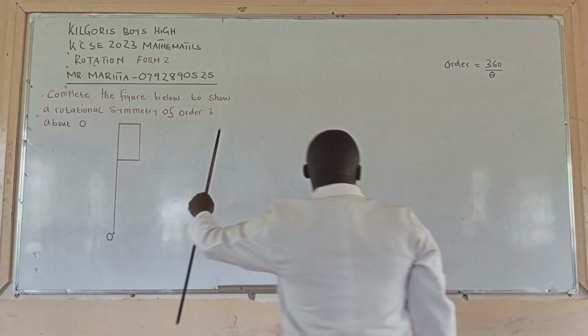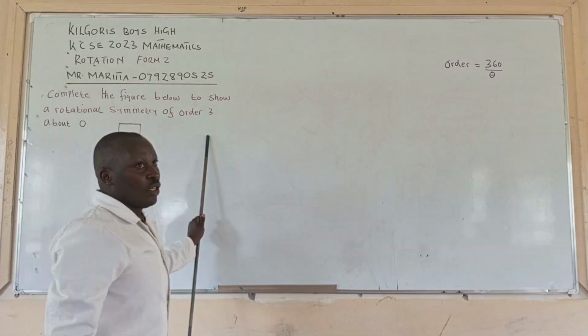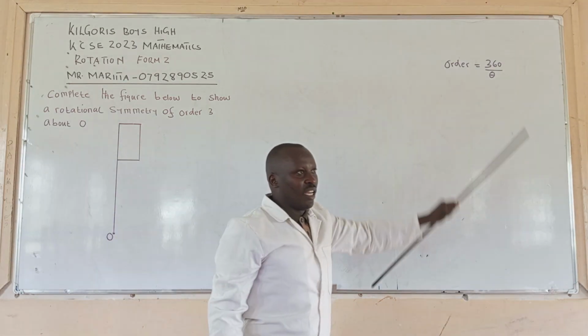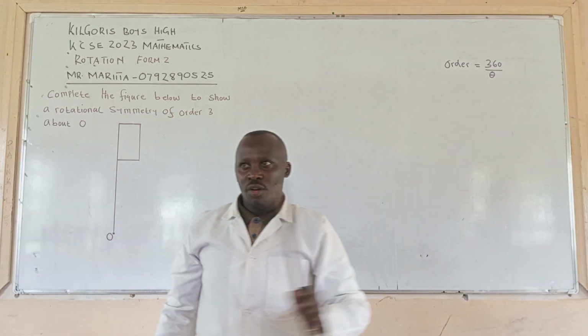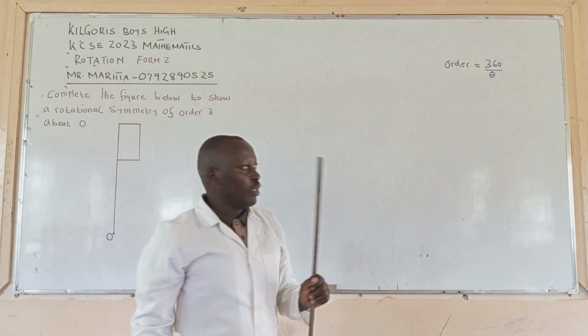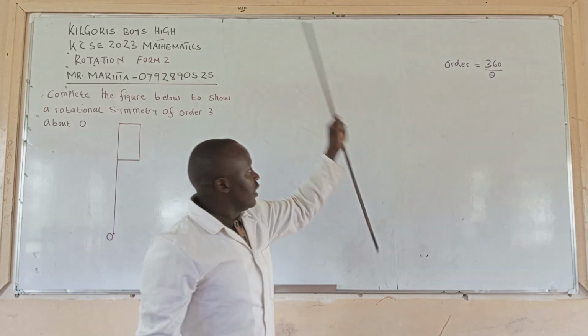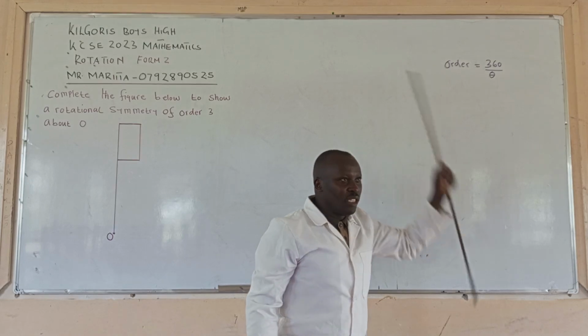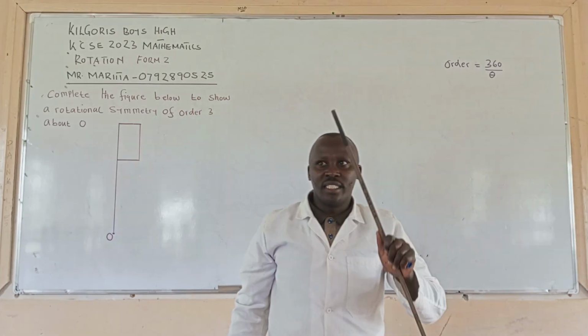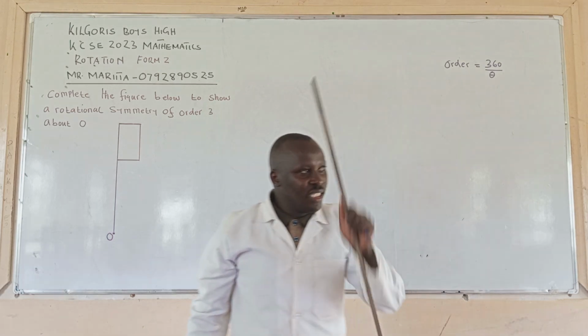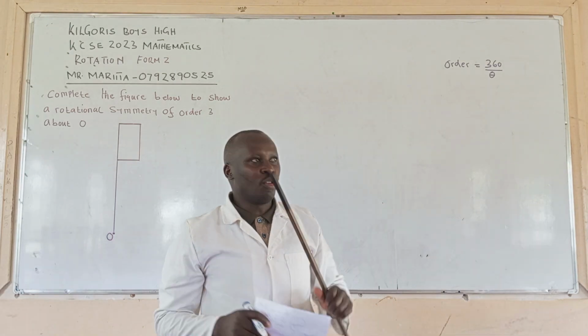If we have been given order 3, we are supposed to find theta, which gives us the angle of rotation.